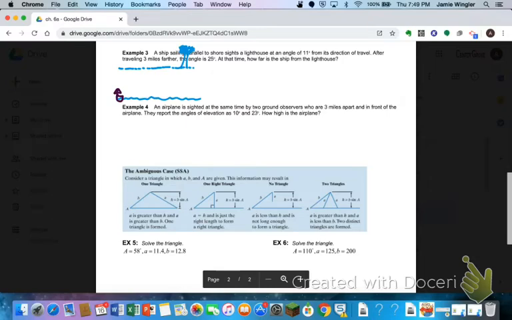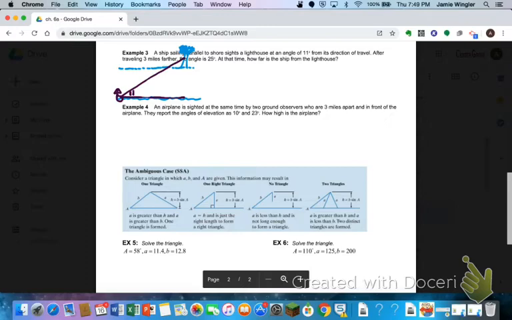My ship is sailing parallel to shore, and 11 degrees is pretty small, so that ship's pretty far away. And it sights the lighthouse, so we're looking up at the lighthouse. And this angle, remember your angles are always formed with a horizontal, is 11 degrees. After traveling 3 miles farther, the angle is 25 degrees.